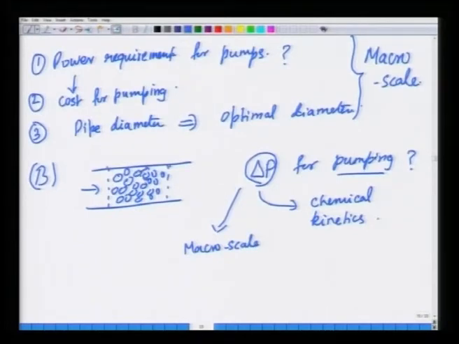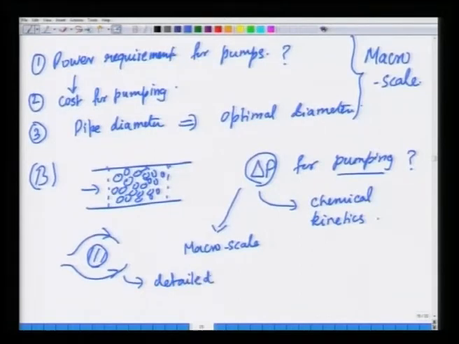By details of the flow, we mean, suppose you take a given catalyst particle or a given packing, how does the flow happen around each particle. That is the detailed flow structure. What I am trying to imply here is that such details of flow structure are not needed to address questions of this sort.